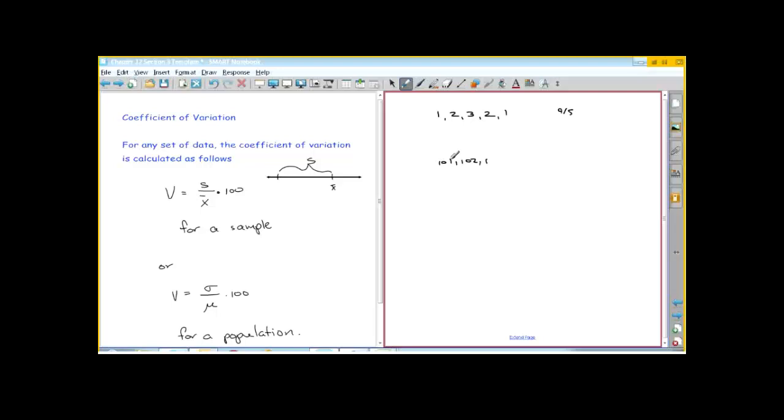But if I had like 101, 102, 103, 102, 101, I still have the same differences between the numbers. And if I look at the standard deviation of these two calculations, I'm going to get the same number because the deviations are going to be the same relative to the mean, and so all the squares are going to be the same.